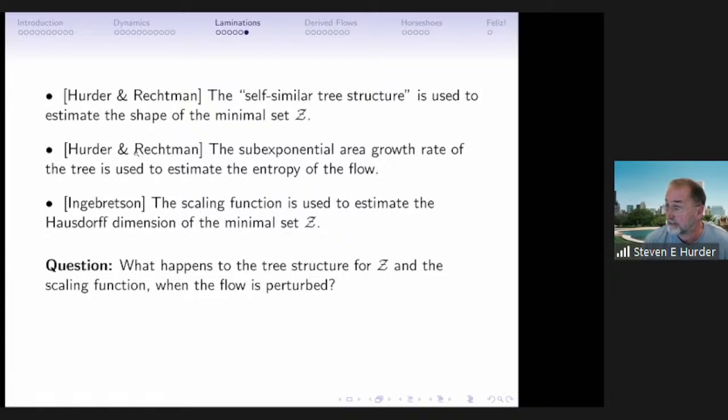The area of the tree is quadratically sub-exponential. Look, trees should grow exponentially, but the number of branches that you can reach grows at the square root of time. So this is how we estimated entropy. And the same argument lets you estimate the covering dimension of the minimal set transversely, and that's what Daniel Ingebrigtsen used.